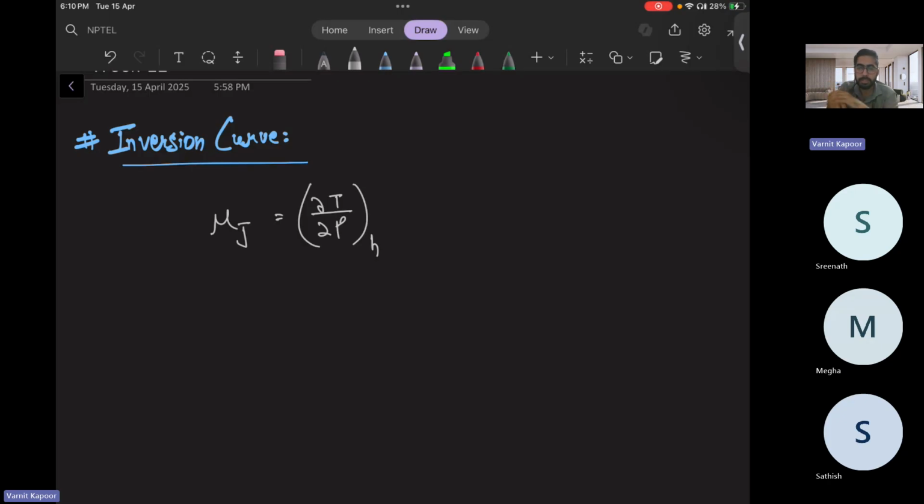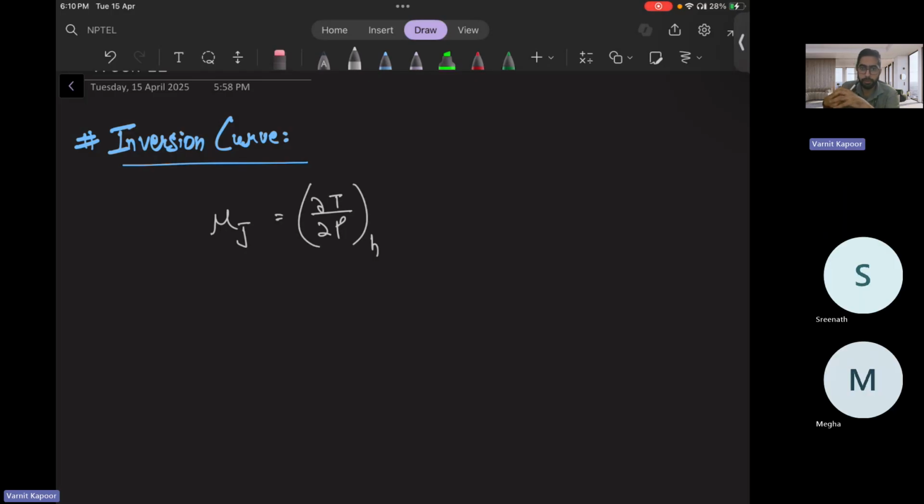So the significance of an inversion curve is, if you want to know for a refrigeration cycle, that is your vapor compression refrigeration cycle, which kind of refrigerant you want to use, then this curve plays a very, very important role. Because in a VCRS cycle, vapor compression refrigeration cycle, there is an isenthalpic process where the pressure and temperature are required to be dropped. So I'll give a rough figure like this.